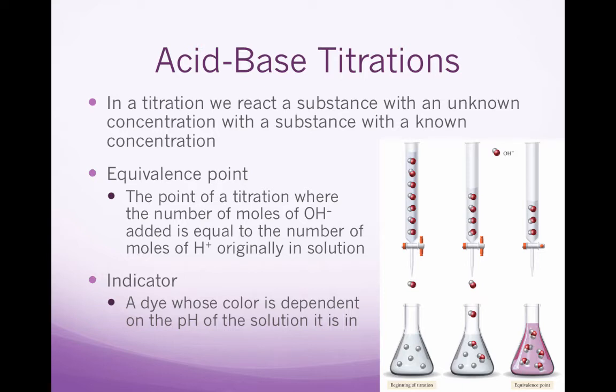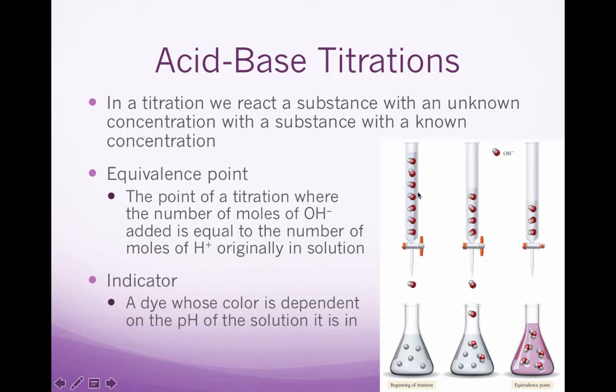So generally speaking, when we're doing a titration, and you can see this down here, you'll put an acid in a beaker or in an Erlenmeyer flask. And again, you won't know the concentration of this acid, but you know exactly how much you have. Or sorry, you'll know exactly the volume, I apologize, that you have.